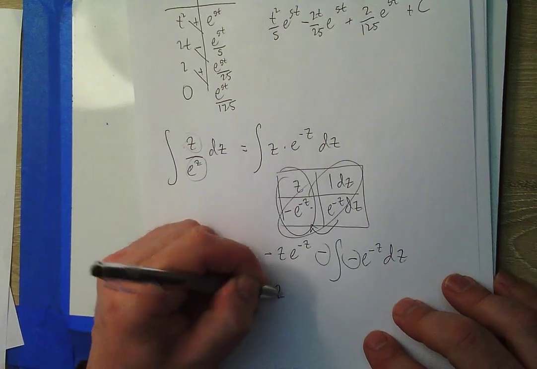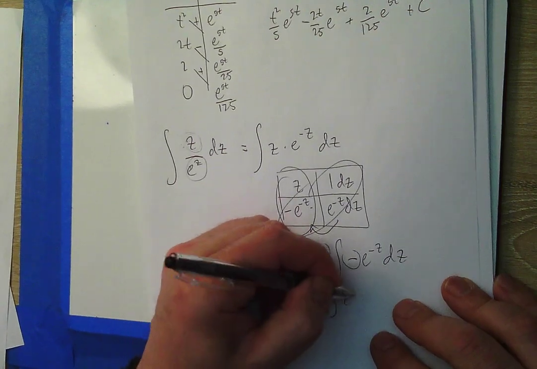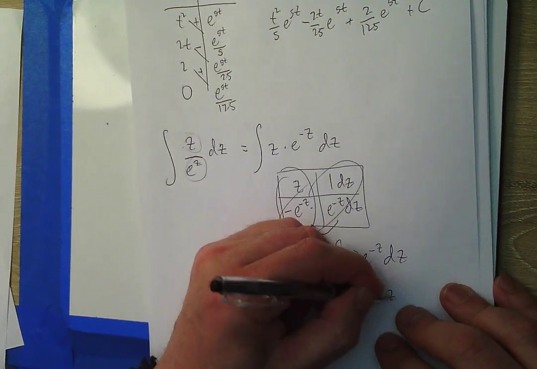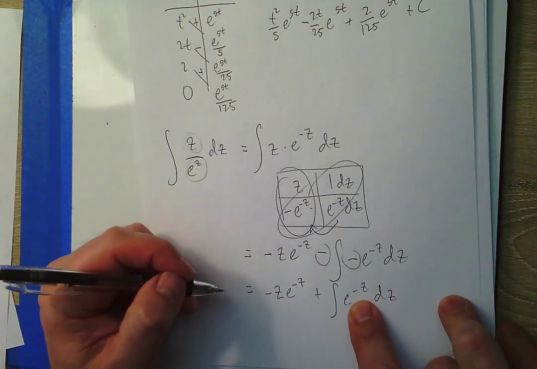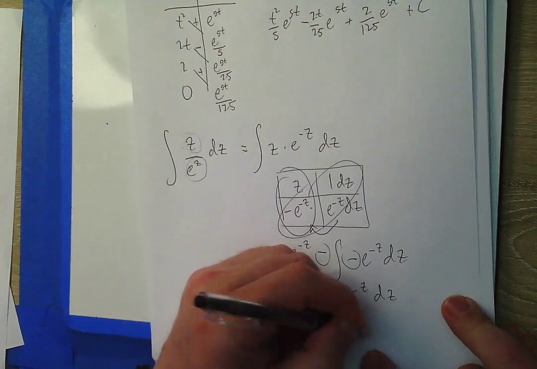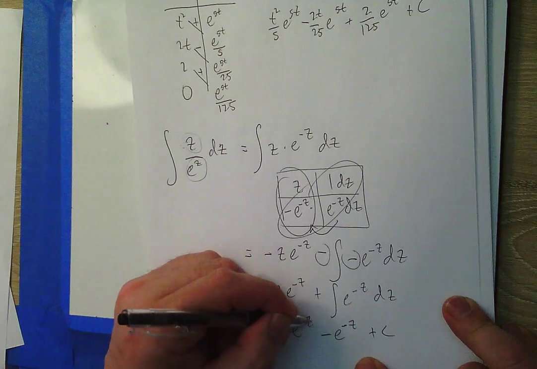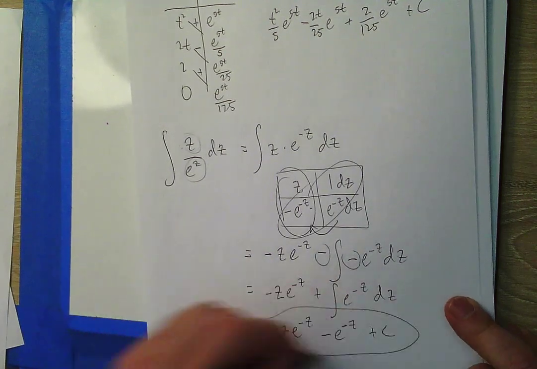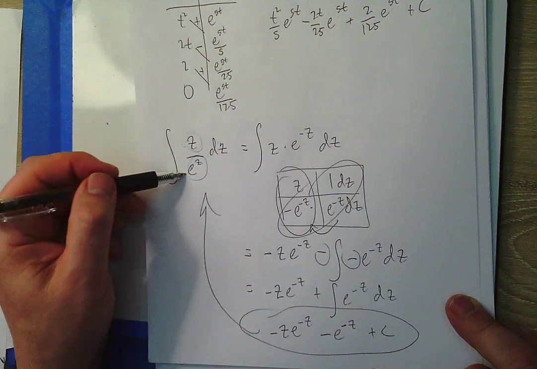So we've got negative z e to the negative z plus the integral e to the negative z dz. Well, we've been doing the antiderivative of this a bunch. We know the antiderivative of this is negative e to the negative z. And we have negative z e to the negative z in front. There's my antiderivative for the integral of z over e to the z dz.